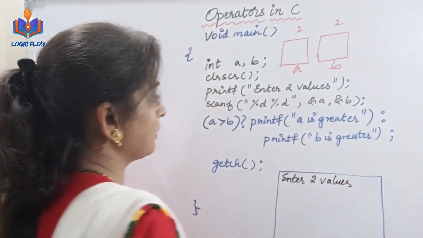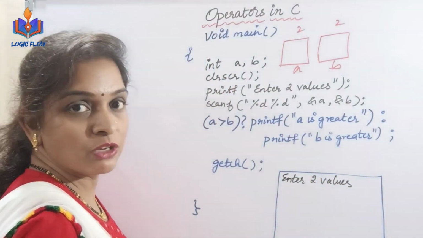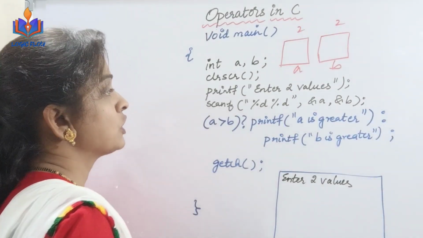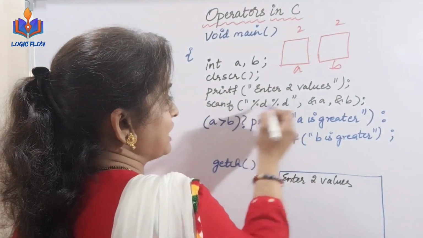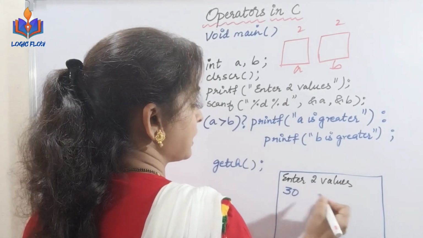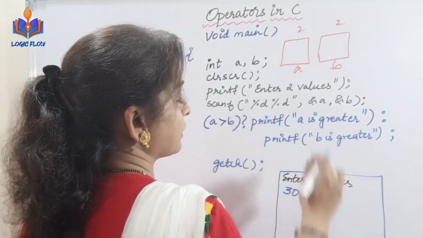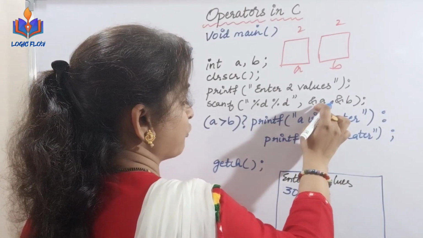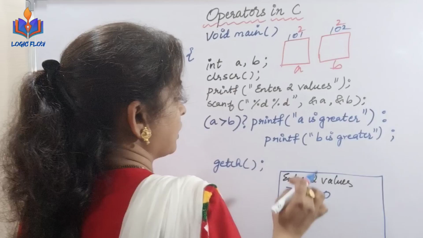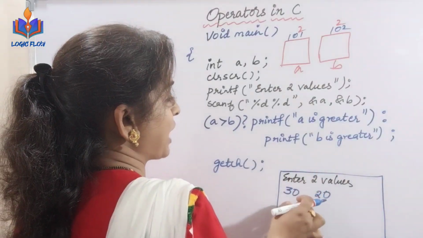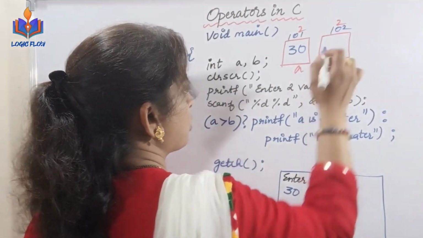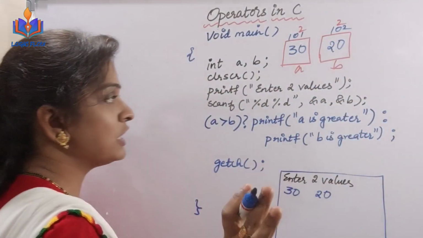Then I need to give the values; the cursor will be blinking there, waiting for the input. I'm going to scan those 2 values with the 2 format specifiers. I say 30 space 20. The first value will go to the address of a, say something like 101 and 102, so 30 in a. The second value, 20, will go to the address of b. Values have been filled up.